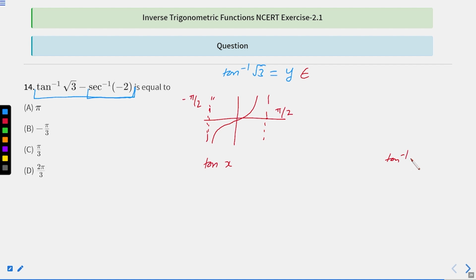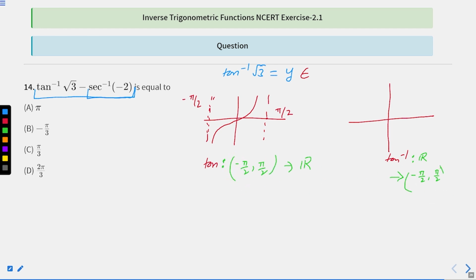The tan inverse graph looks like the mirror image of this. If you recall, tan inverse is defined from the set of all real numbers to minus pi by 2 to pi by 2, the open interval.